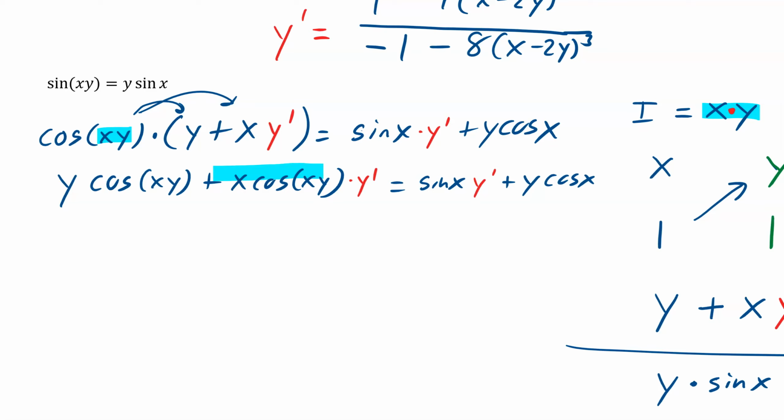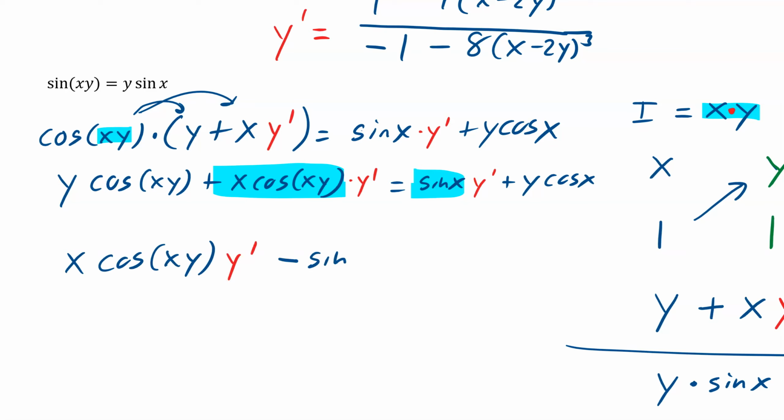Okay, now we put all our y primes on the same side. So these guys right here, this one and this one, need to be on the same side. So it would be x cosine of xy, y prime, minus sine x, y prime, equals y cosine x minus y cosine xy. And then you cannot add these, they are not like terms.